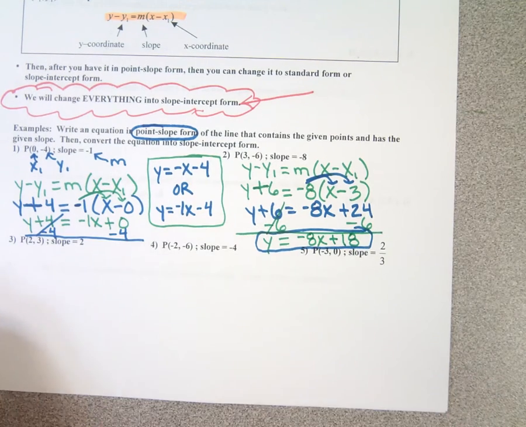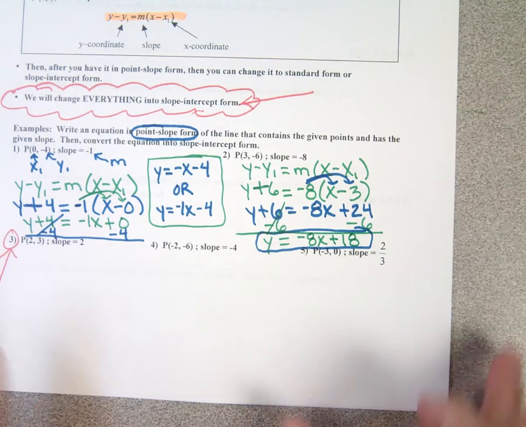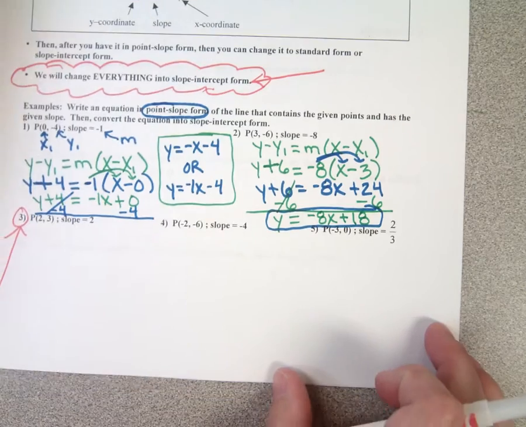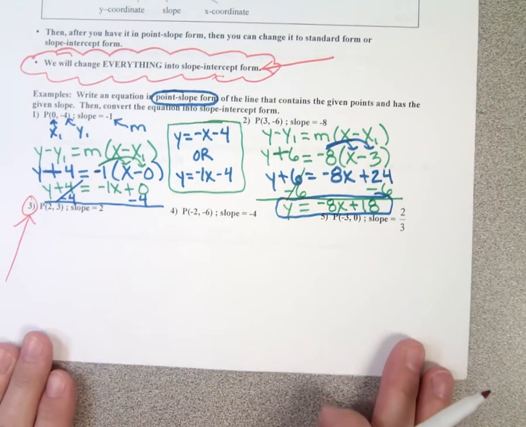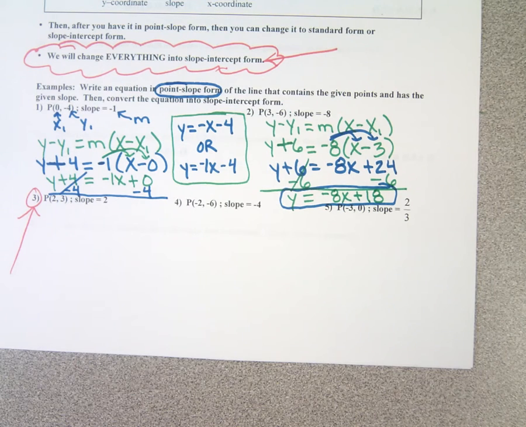Okay, I want everyone to take a moment and try number 3. So I'm going to give you 30 seconds to a minute to do that, and then we'll go over it and see how you did. So everybody try number 3.